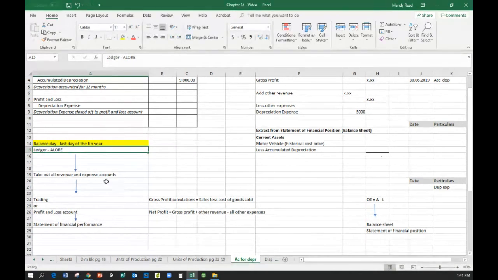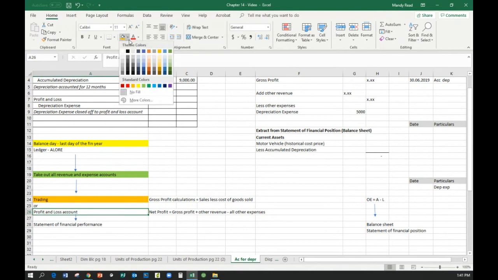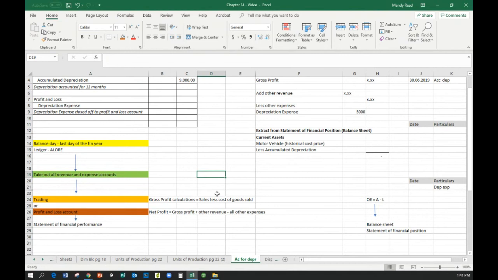It's very important that we take out all the revenue and expense accounts and we put them into either the trading account or we put them into the profit and loss account.